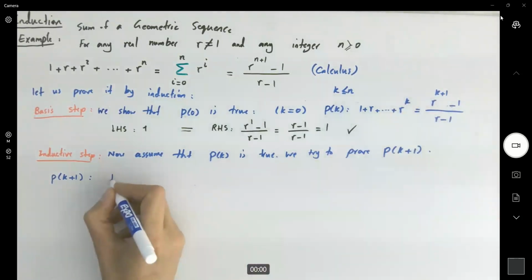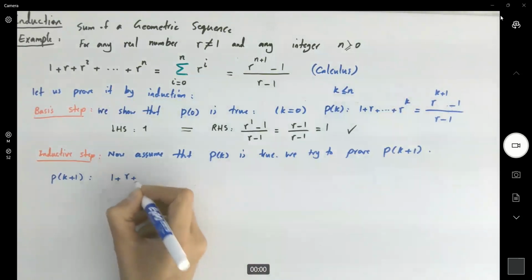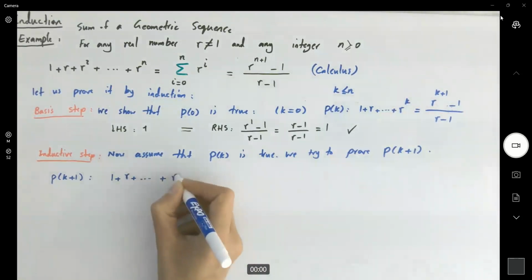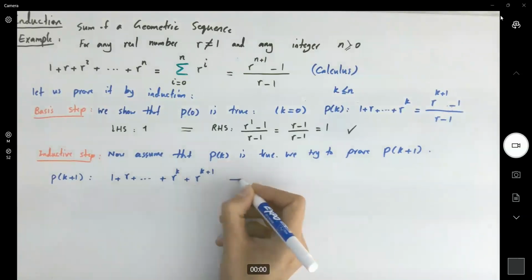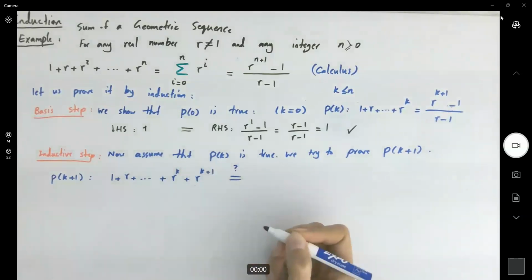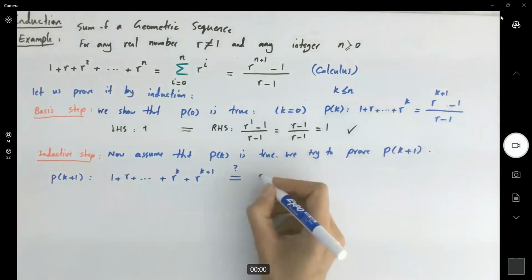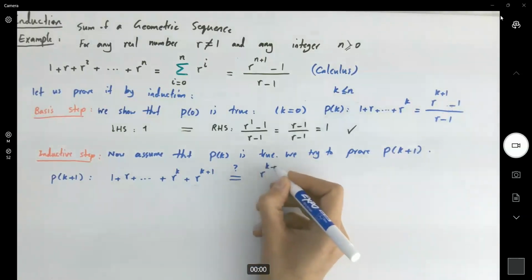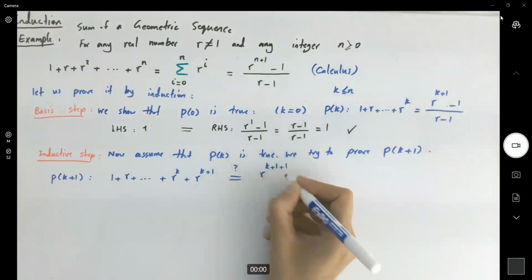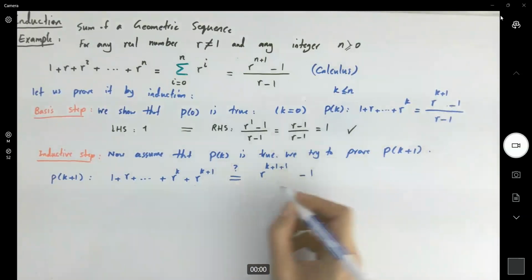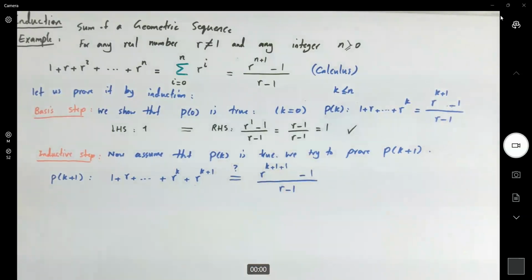So it says 1 plus r plus up to r to power k plus r to power k plus 1 is equal to, so let's put a question mark on top of it, r to power k plus 1 plus 1, it already has another one, don't forget to put that here, minus 1 divided by r minus 1.